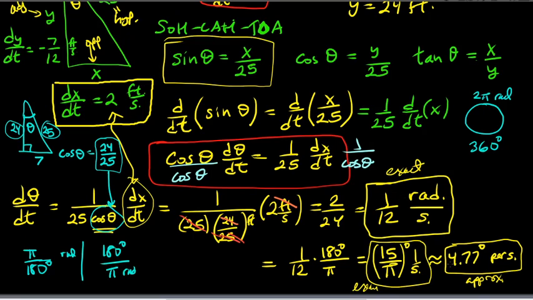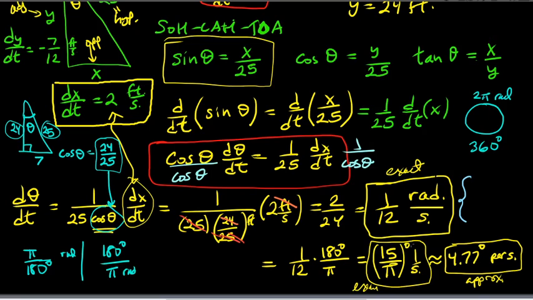I'm a little bit curious as to the book's answer, so let me look that up. Yep, the book seems to like radians per second. So the book's answer is 1/12 radian per second, which is probably what I would prefer too.